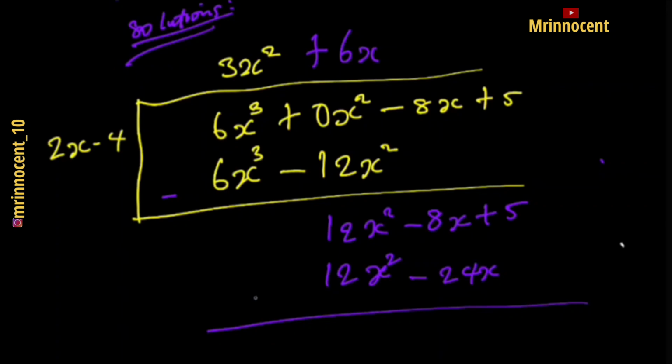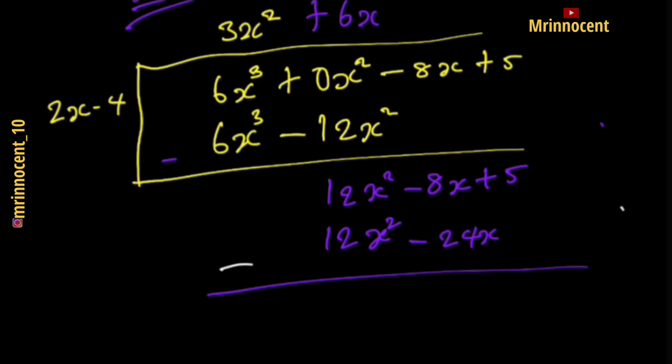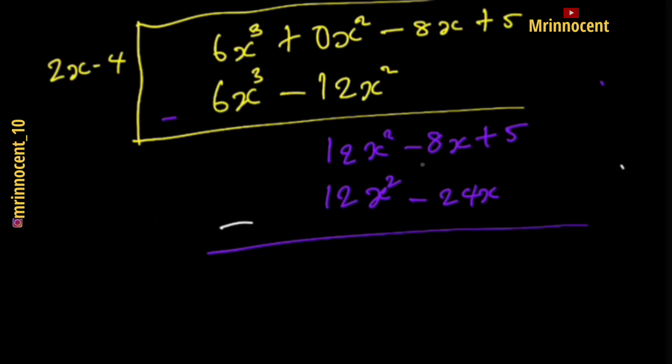So you subtract. We have minus 8 minus 24 is 16x. Minus 12 plus 12 is 0. So bring down 5.